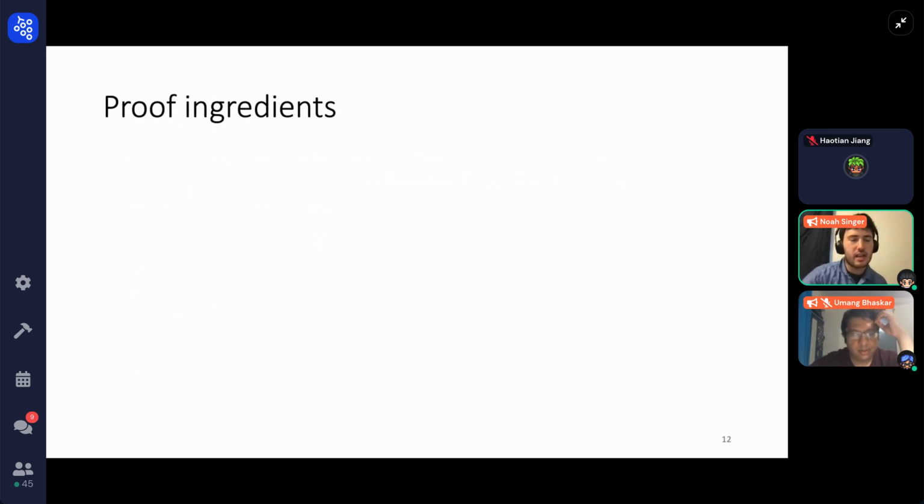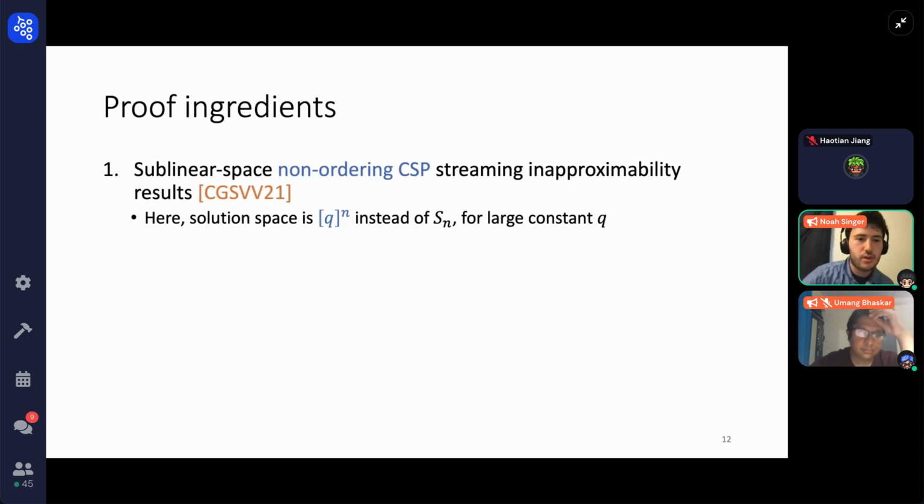And finally, I'm just going to say a little bit about the ingredients that are used in our proof. Firstly, we use streaming inapproximability results for so-called non-ordering CSPs, which are very recent and due to Cho, Golovnev, Sudan, Velusamy, and Velingker. By non-ordering CSP, I mean a constraint satisfaction problem where instead of the assignments being orderings in S_n, they're assignments of every vertex or variable to a value in a finite alphabet of size Q. In our case, the alphabet size will be a very large constant.